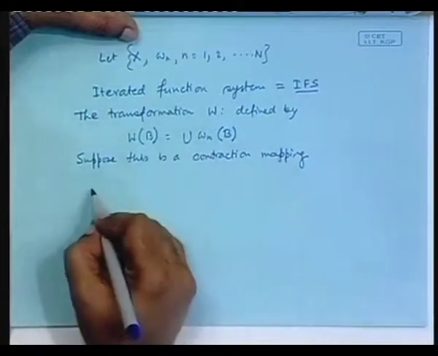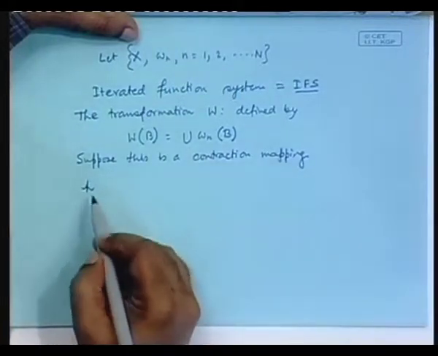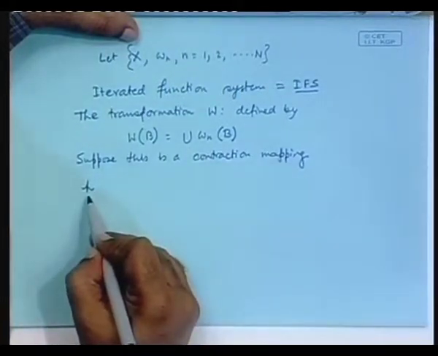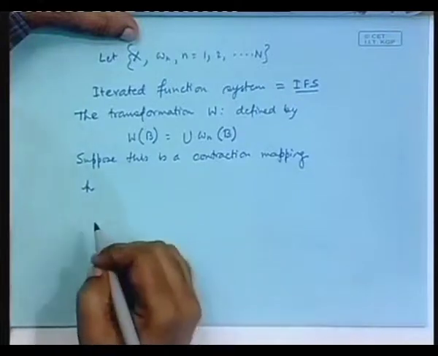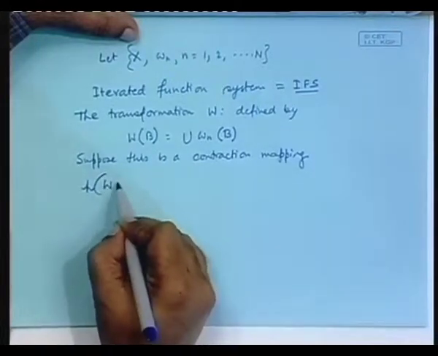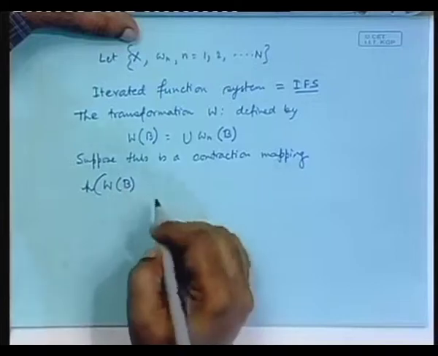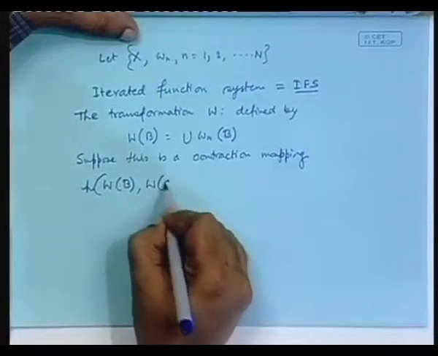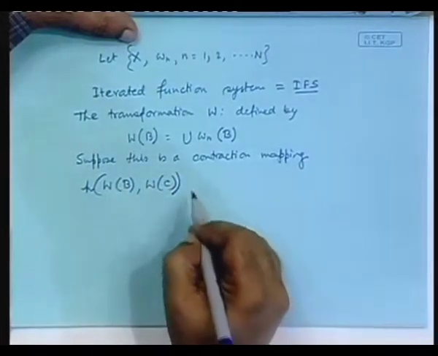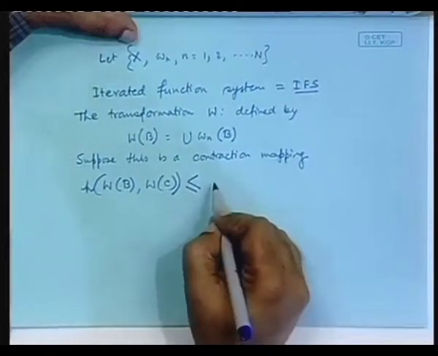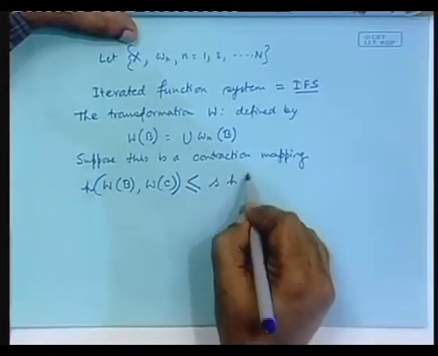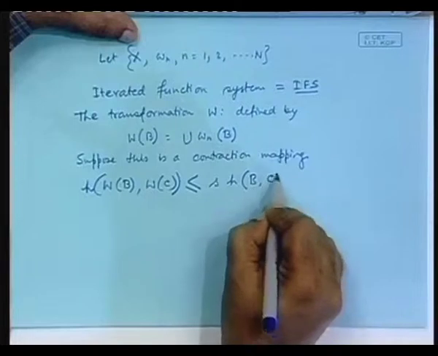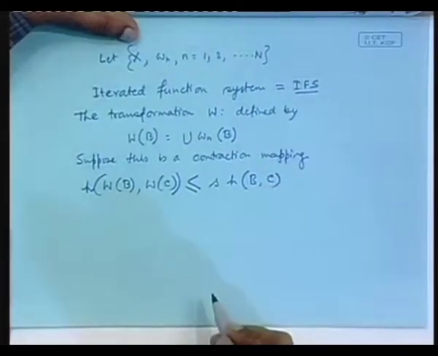Which means the Hausdorff distance between, now I will write H because we have already defined the Hausdorff distance, the Hausdorff distance between W of B and W of C should be less than or equal to some S times H of B and C.